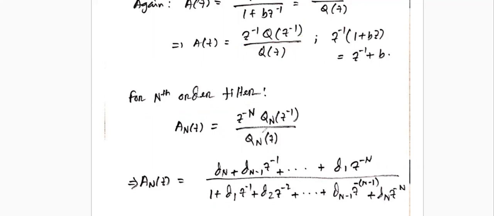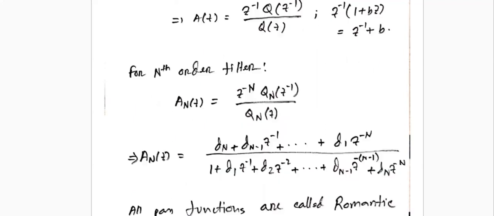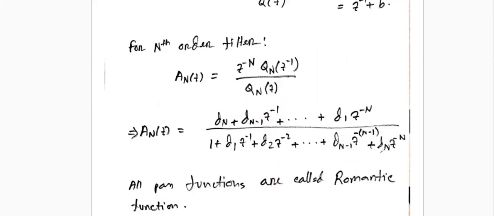Similarly, for the nth order filter, if you have the pole locations, you can also find where the zero locations are, and it can be elaborated like this. So q_n is 1 plus d1 z^-1 plus d2 z^-2, and like this.